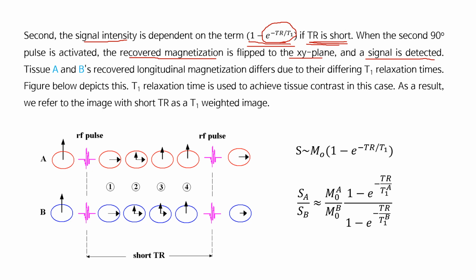Tissue A and B's recovered longitudinal magnetisation differs due to their differing T1 relaxation times. If the T1 relaxation time is different, then we have different signal intensity. The figure below depicts this.